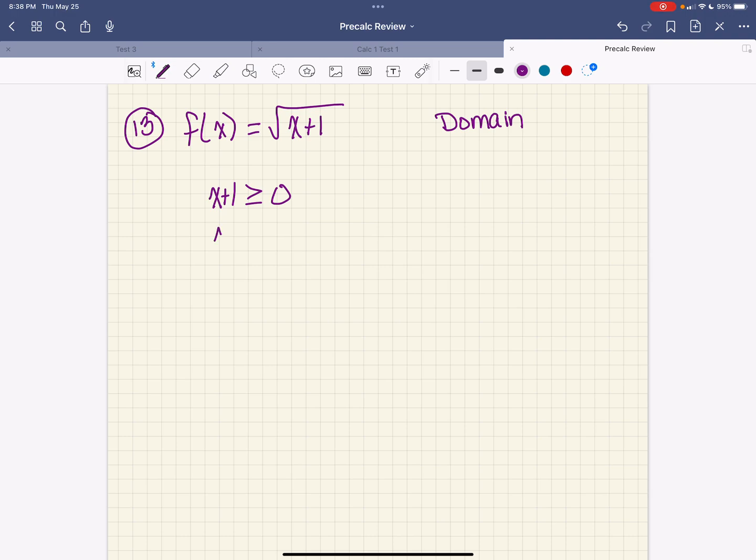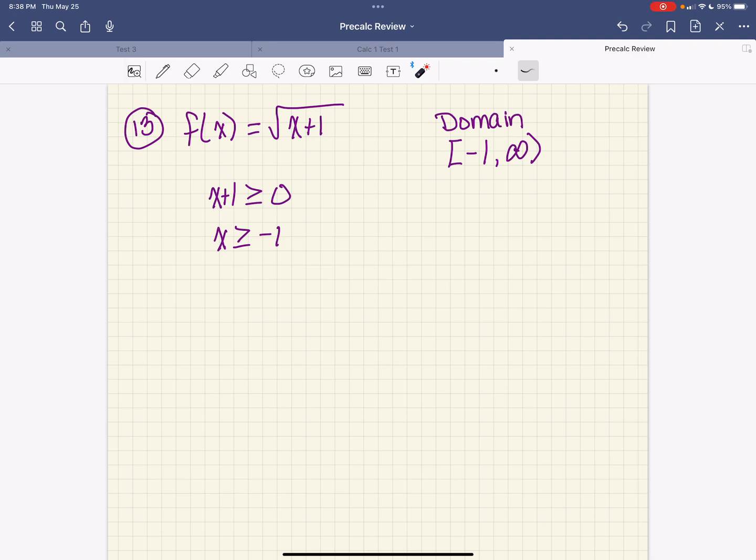So here I've got x is greater than or equal to -1. That means my domain is [-1, infinity). Notice I put a bracket right here because that -1 is included. If I plug -1 in right here, I would get 0 and I would be okay.